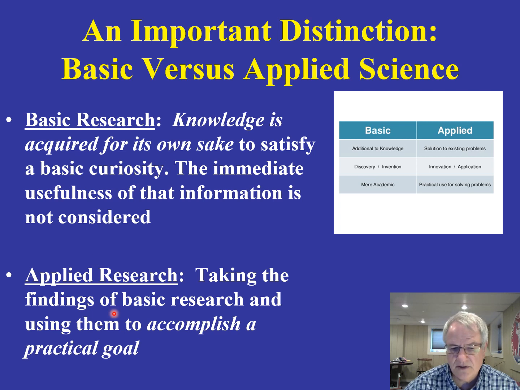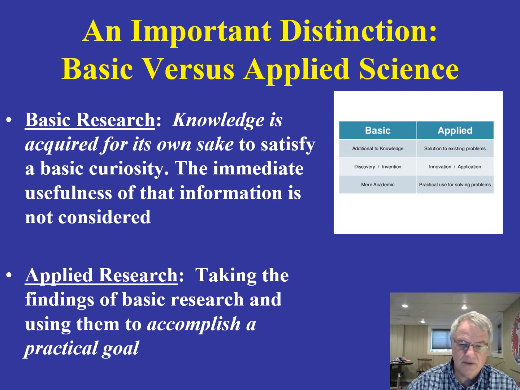Applied research, on the other hand, we're taking findings of basic researchers, and we want to use those findings to accomplish a particular goal. So that distinction is important, because a significant amount of what we talk about, and what is in your textbook, is really about basic research that psychologists have performed.